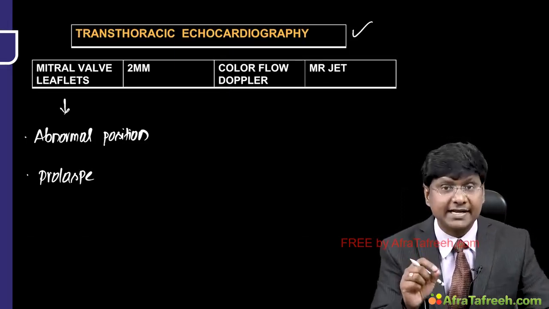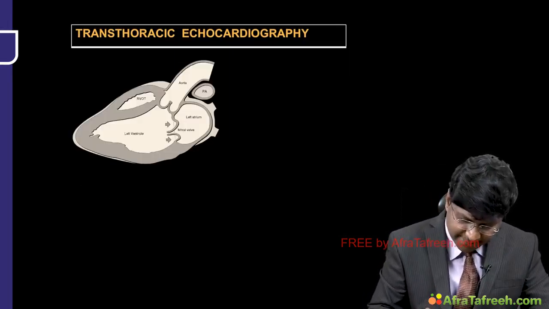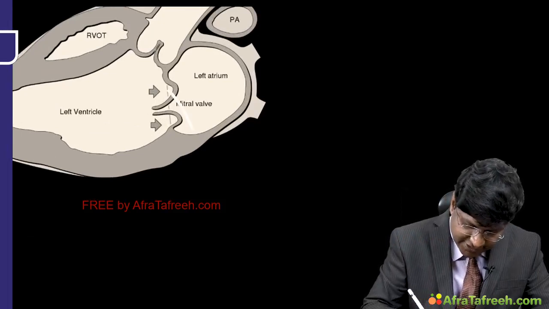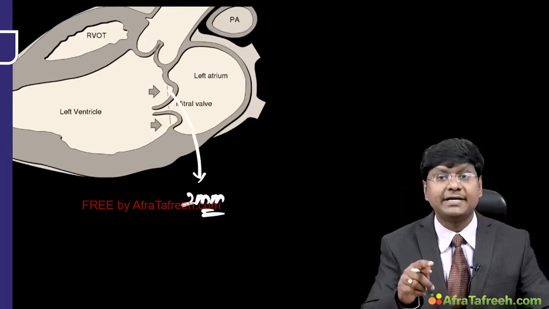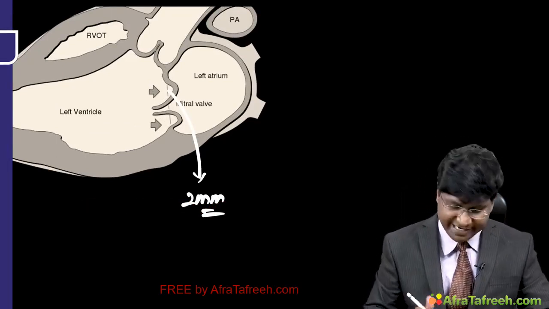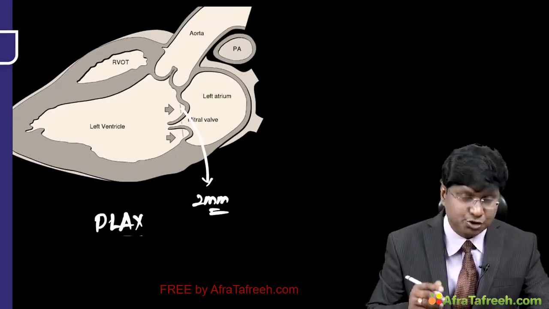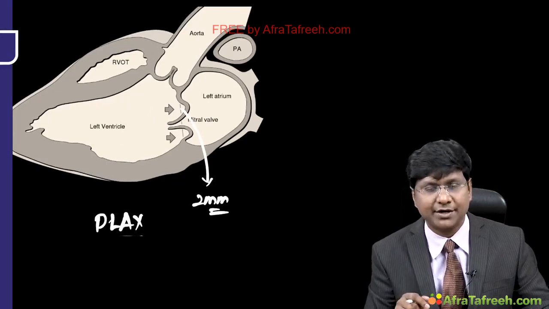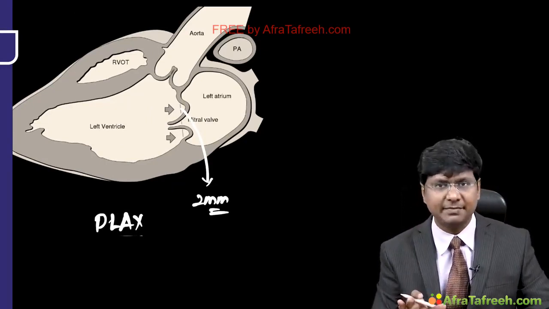And what is the criteria we have discussed? Whenever the mitral valve leaflets are prolapsing, the prolapse should be around 2 mm from the mitral valve annulus during systole. And this can be demonstrated in the parasternal long axis view of the 2-dimensional echocardiography. So either one leaflet can be prolapsed or both leaflets can be prolapsed.